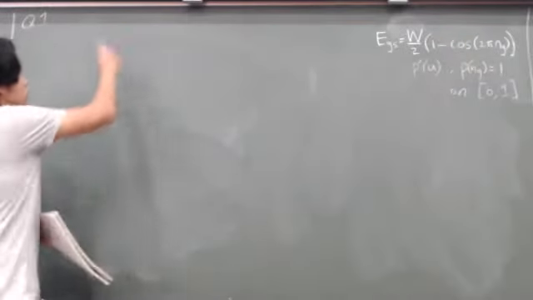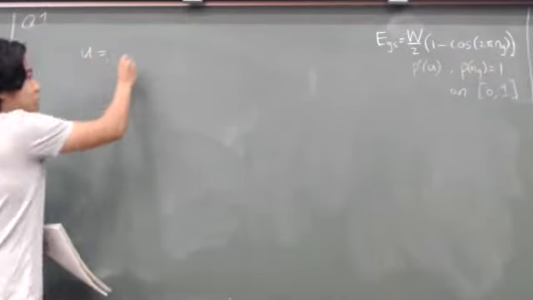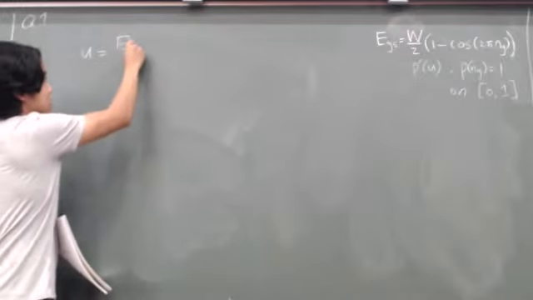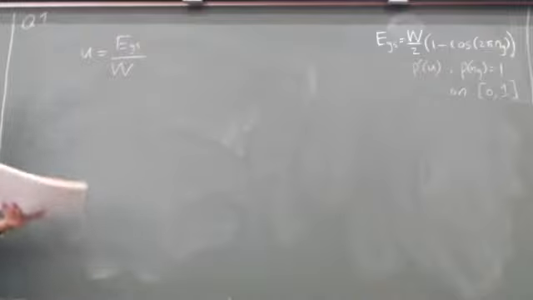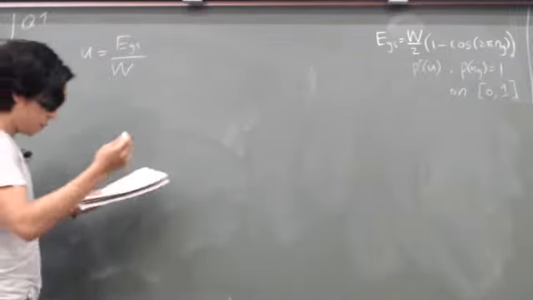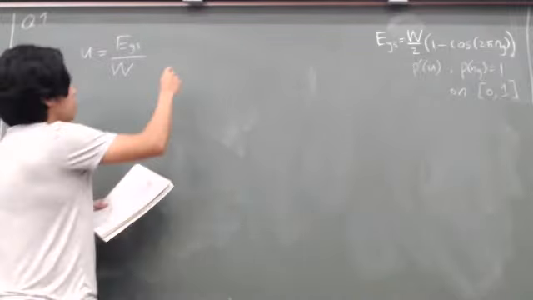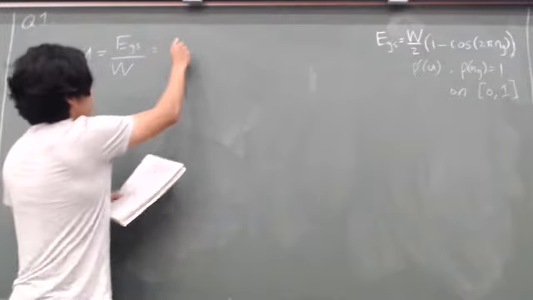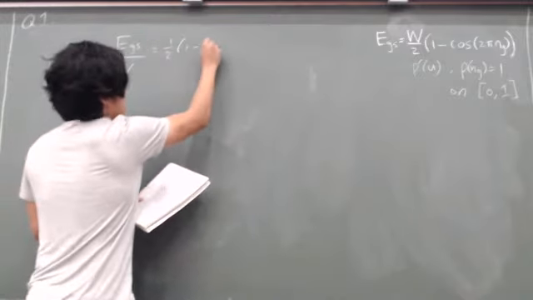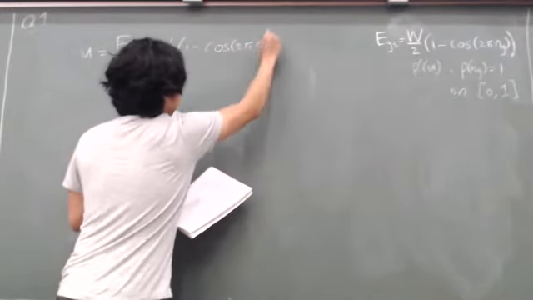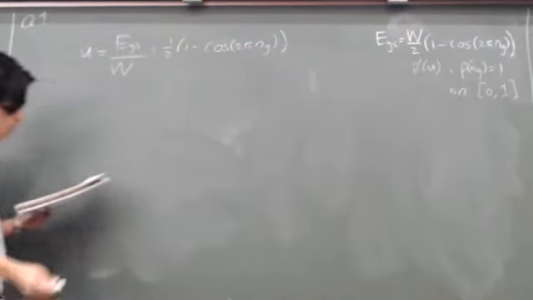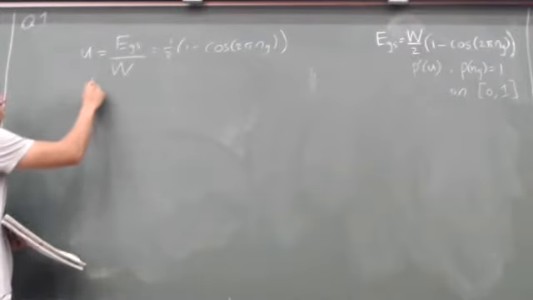Okay, so now our U is still being defined similarly, except this time EGS, instead of being divided by EC, is divided by W. So we don't actually need to know what the W is. Apparently it's something physical if you're interested. So U is equal to 1/2 times 1 minus cos 2 pi ng. So take the derivative.